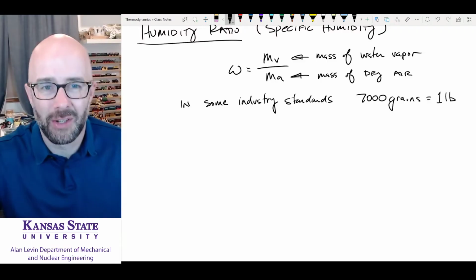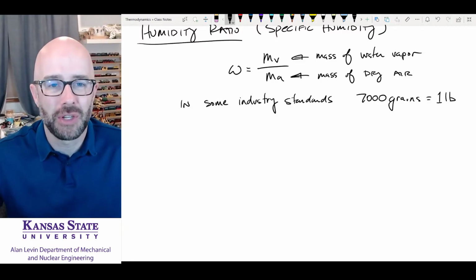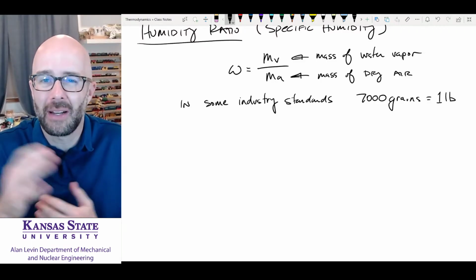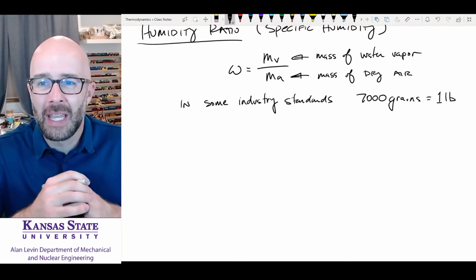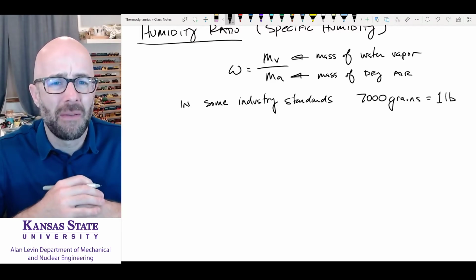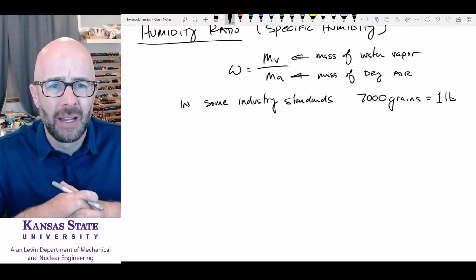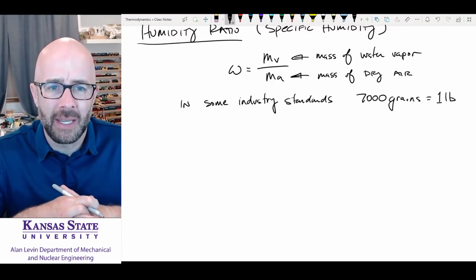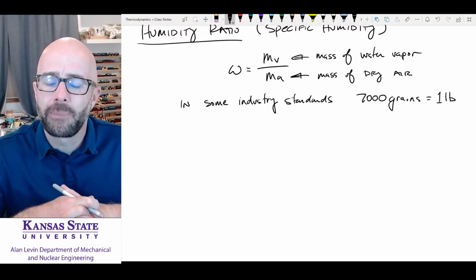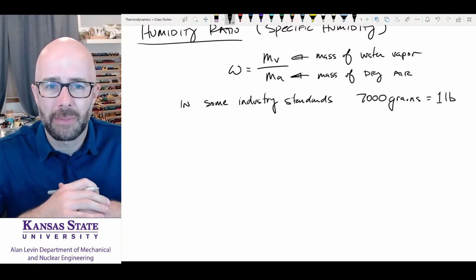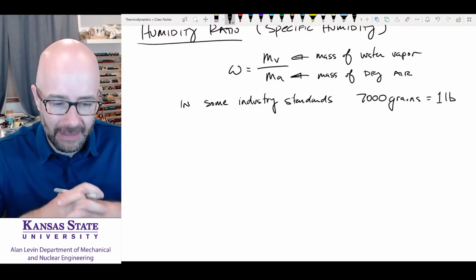So there's a conversion there. The reason they use grains, and I'll explain it a little bit later, is because the humidity ratios can be very, very small decimal numbers, into the hundredths and thousandths place. So that's why they sometimes convert it to this grains idea.